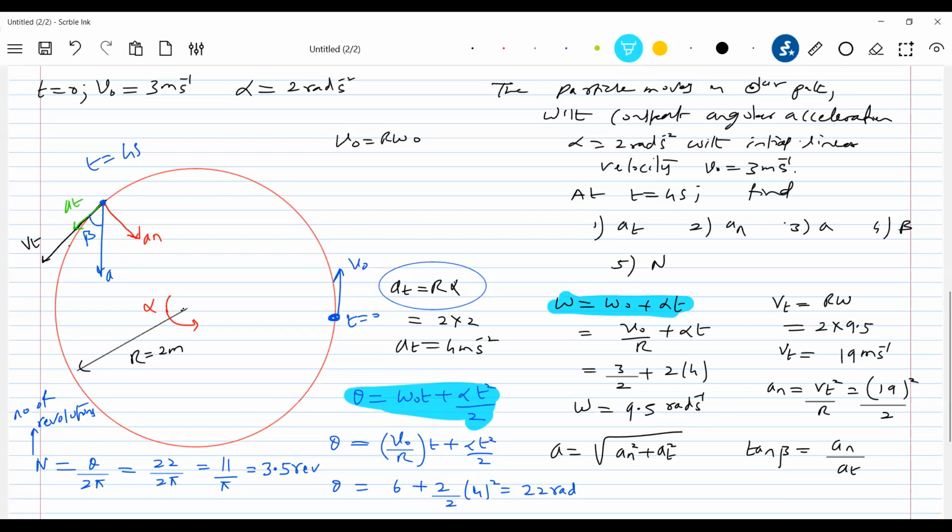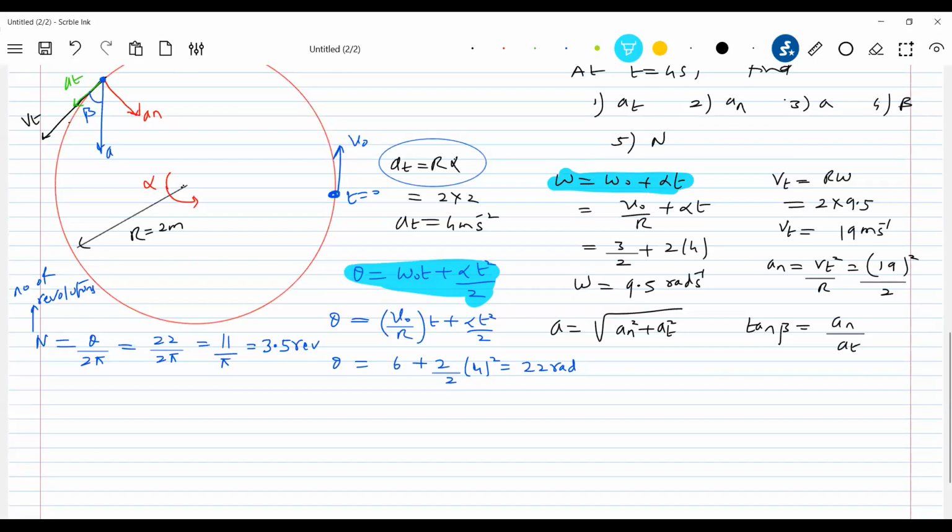In accelerated motion, what happens to the distance covered in equal intervals of time? It keeps on increasing. Similarly here, the time taken for the nth revolution will be less compared to the (n minus 1)th revolution. Got this idea? So shall I say that the time taken to cover successive revolutions decreases?